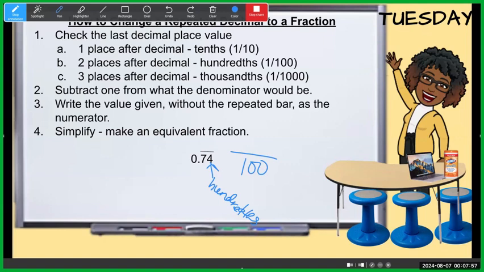We are subtracting 1 because it repeats. When it repeats, we're going to subtract 1 from this denominator, and what we end up getting. And what number did we have that repeats? Just a 4? All of it. So our answer would be 74 over 99.